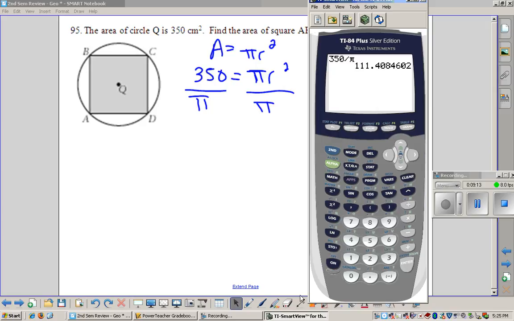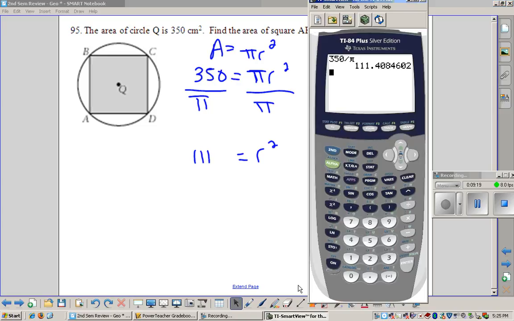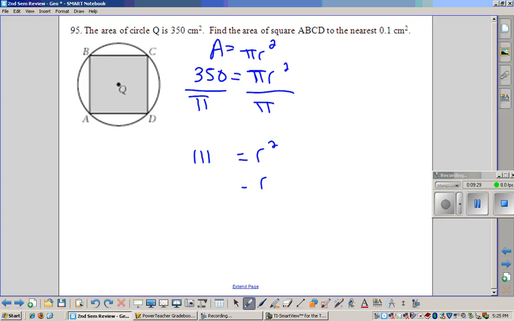Okay, that's r squared. It's about 111. And we'll have to take the square root of both sides. We get r is 10.55.